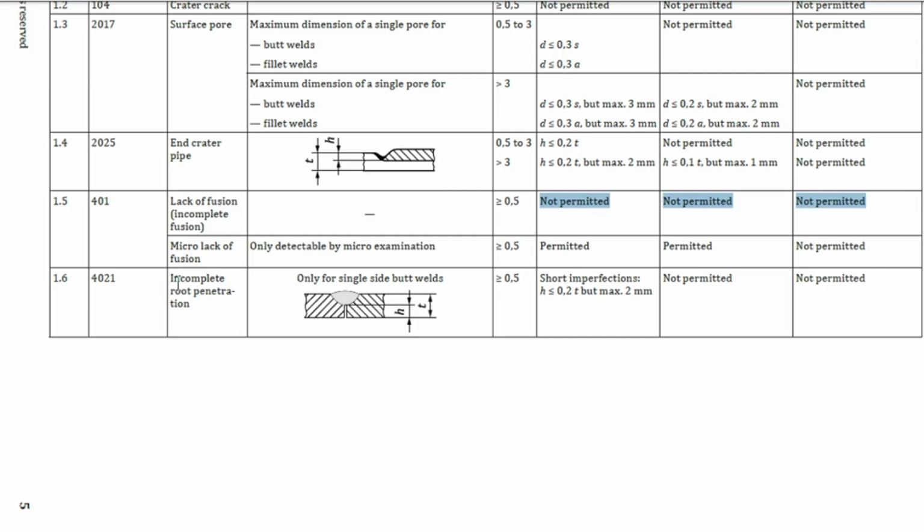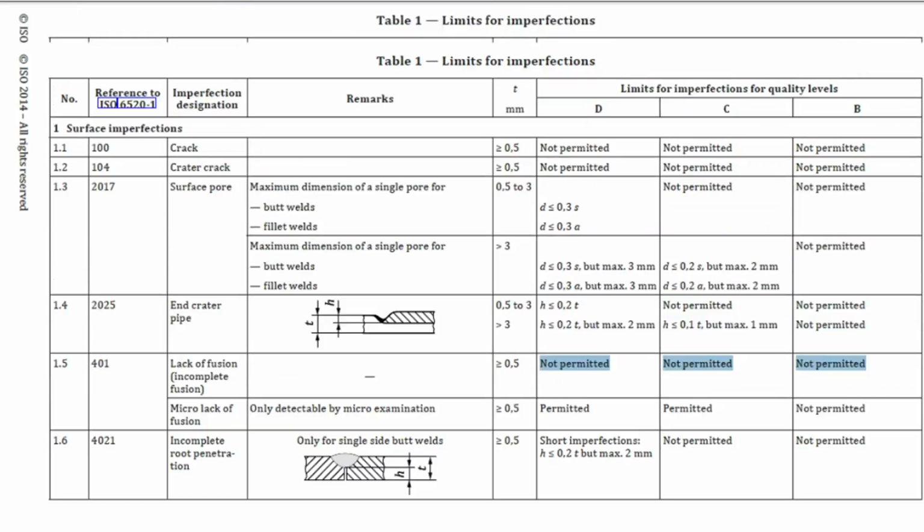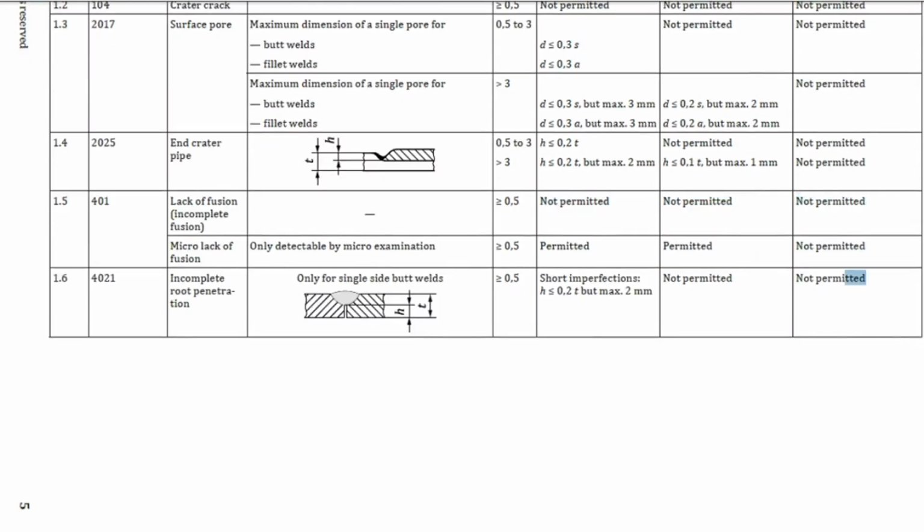Another welding defect is incomplete root penetration. If we find the root penetration is incomplete, we see this is the thickness t and this is the height. These defects apply only to single-side butt welds with thickness greater than or equal to 0.5 mm. If the quality level is B, it is not permitted.